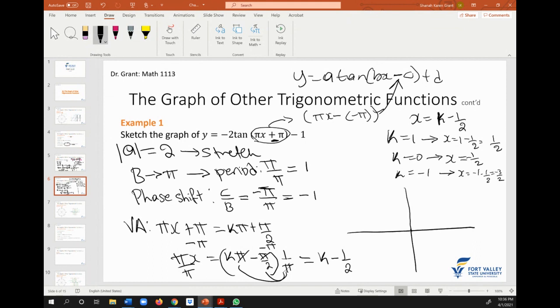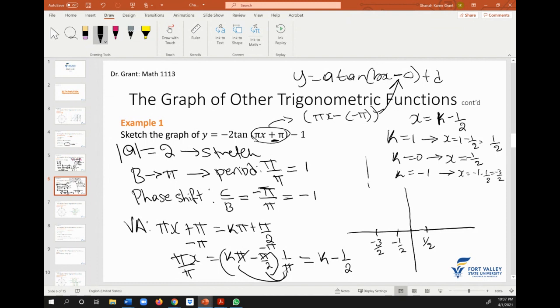So again, we're going to draw our asymptotes in first. So we're going to be at 1/2. Let this be 1. Well, actually, I could just let this be 1/2. 1/2, negative 1/2, and negative 3/2.